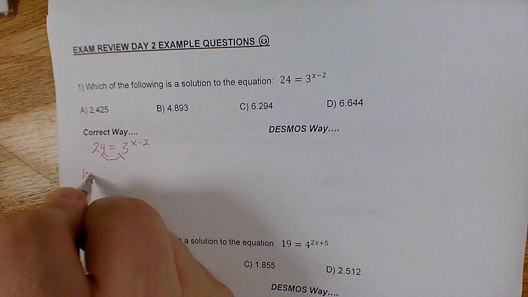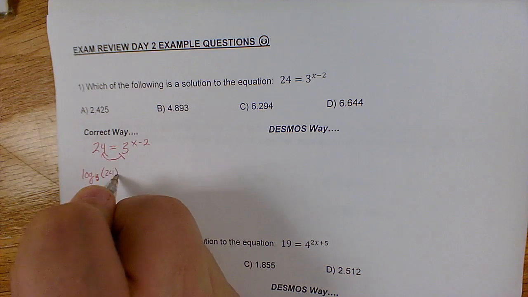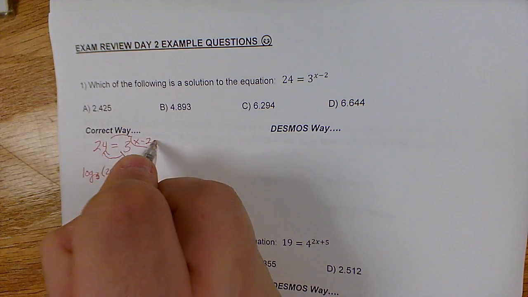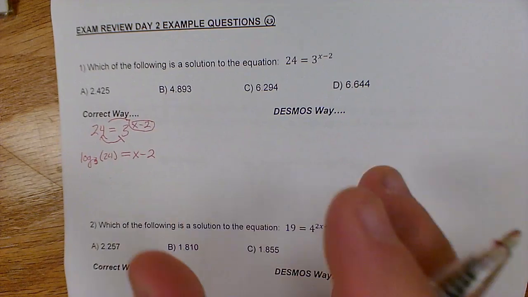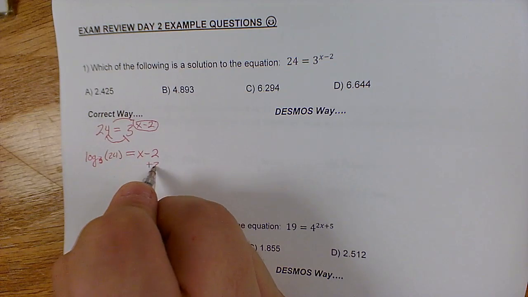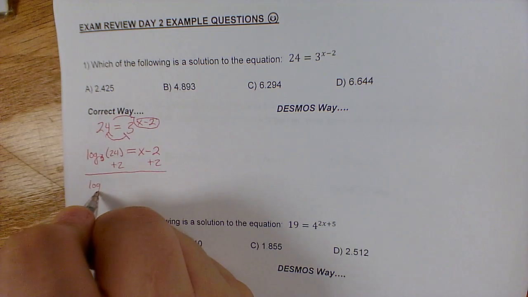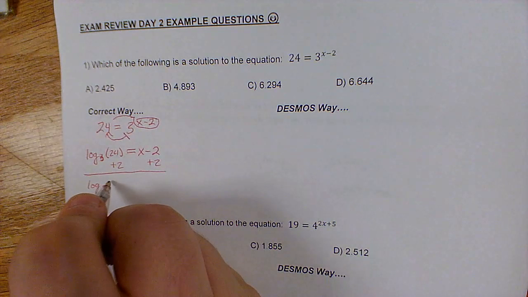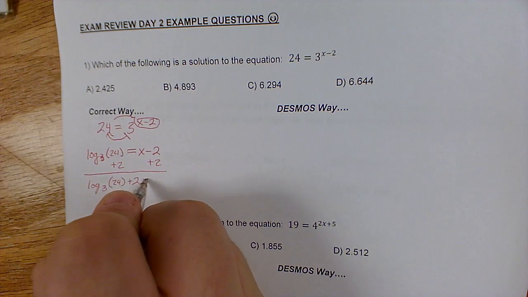This would be log with a small base of 3 of 24, and then on the other side of the equation we would put the x minus 2. And your whole goal is to get the x by itself first. So now we got to add 2 to both sides. So we have log base 3 of 24 plus 2 is equal to x.